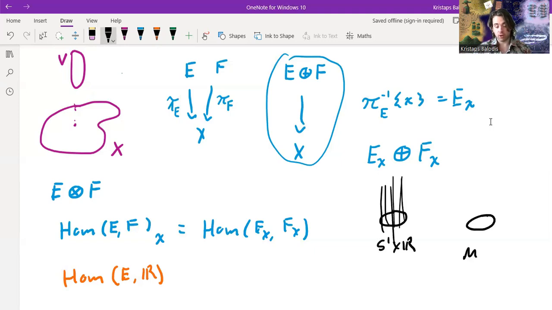And then we also had this Mobius bundle over S1, where again this was a copy of the real numbers at every point, but all twisted up in this weird way. I didn't prove to you that those are non-equivalent, but it turns out that the Mobius bundle is normally one of the first non-trivial vector bundles that you encounter or prove is non-trivial.